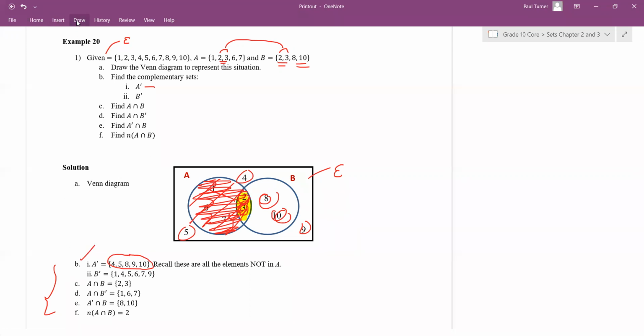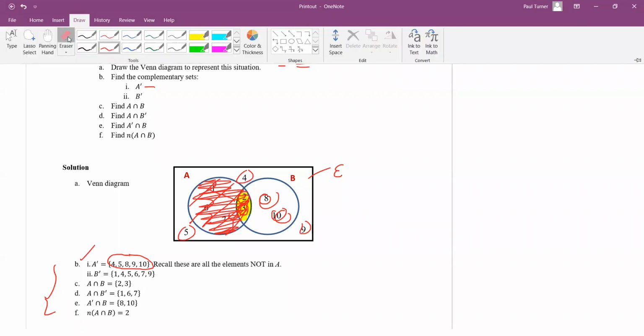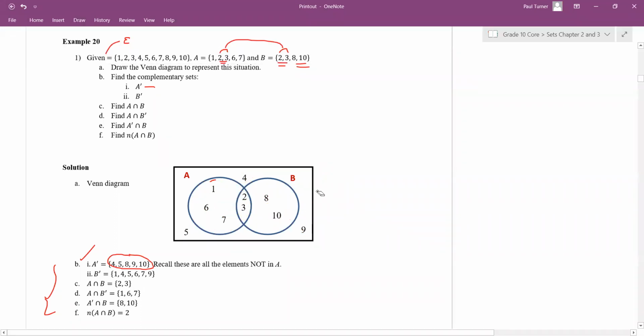And when you want to do not B, you do the opposite to that. So set B is here, correct? That's set B. So which elements are not in B? These ones here: 1, 6, 7, 5, 9.